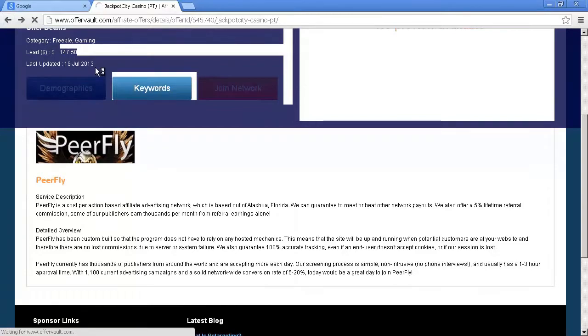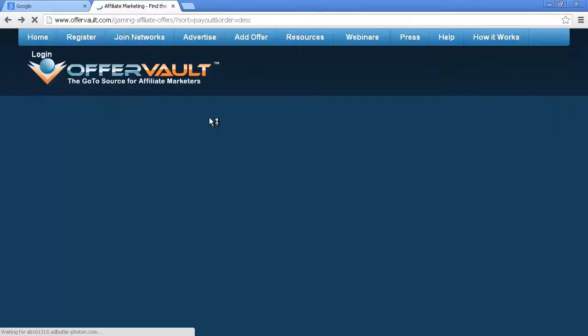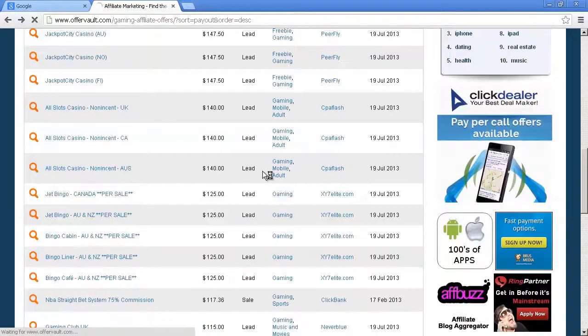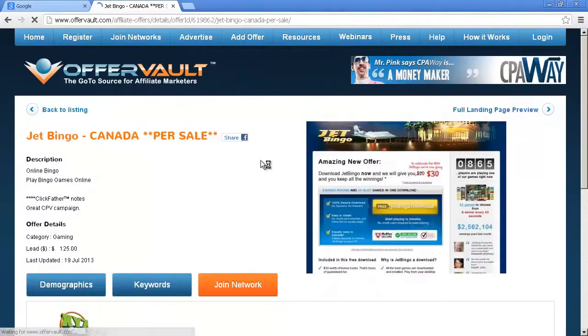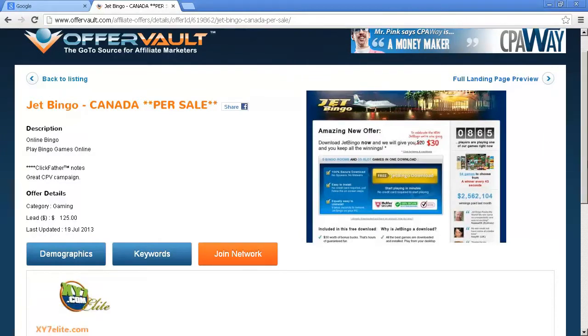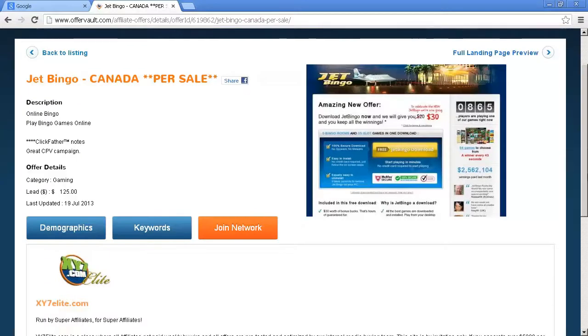Let us see another offer where we can actually preview the landing page. Okay, here we can see the landing page of the offer. The landing page is really important because if the landing page is not designed well, you will not get good conversions. And there are certain factors that need to be taken into account when looking to promote a CPA offer.